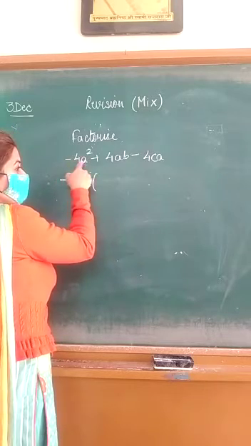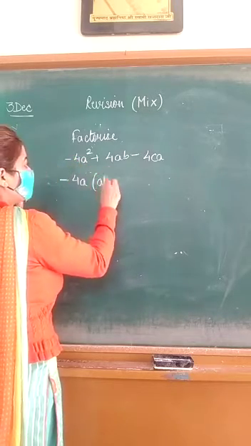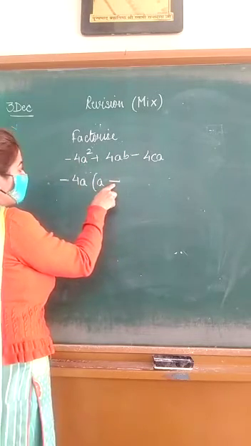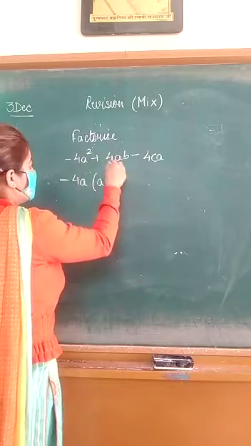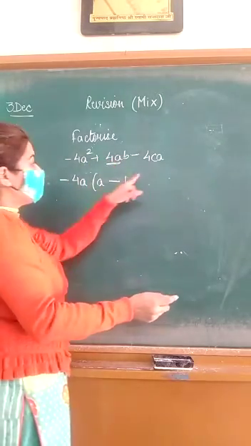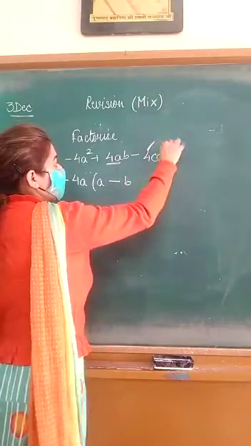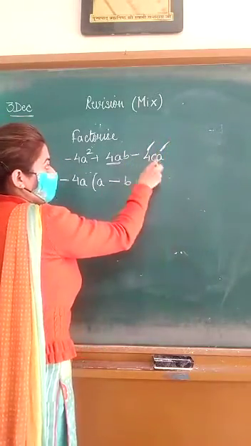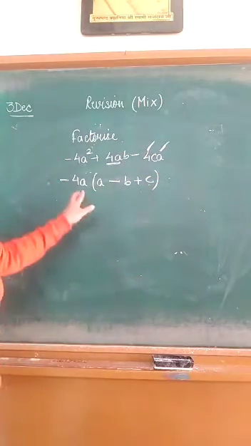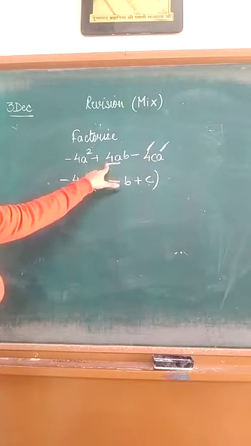After taking minus 4a common, in this we are left with only a. Minus we have taken here, so minus you will put in between the bracket, so minus minus will give you plus. 4a you have taken common, only b is left from the middle term, and from the last term 4a you have taken common with minus sign, so only c is pending with plus sign. So these are the two factors of this given question.